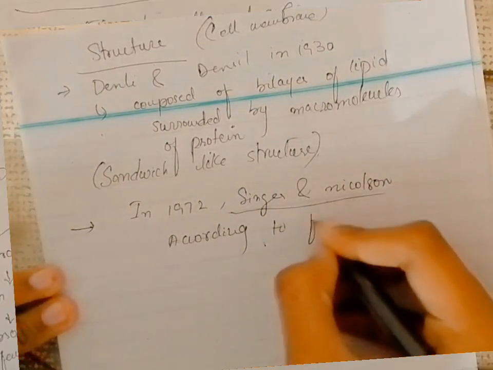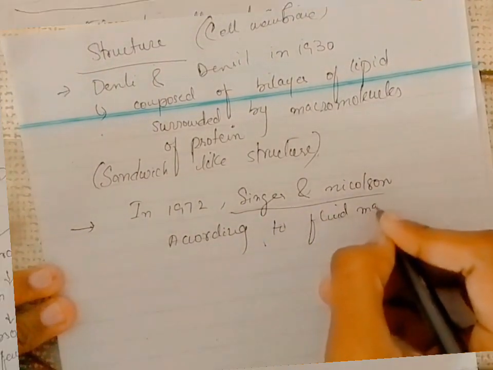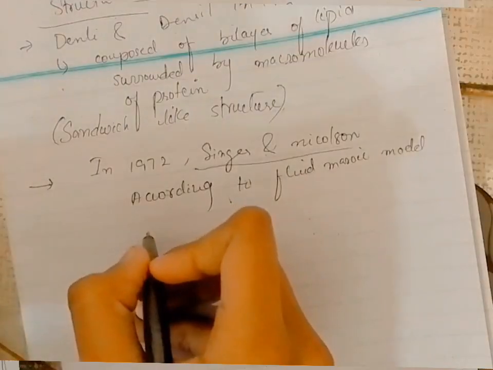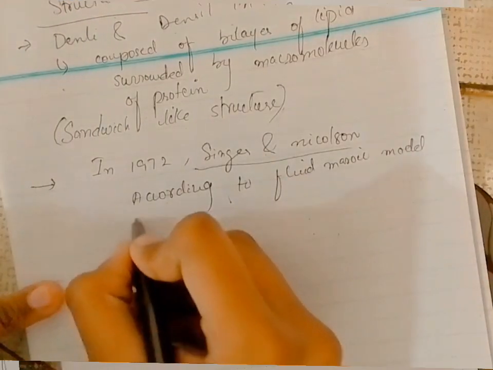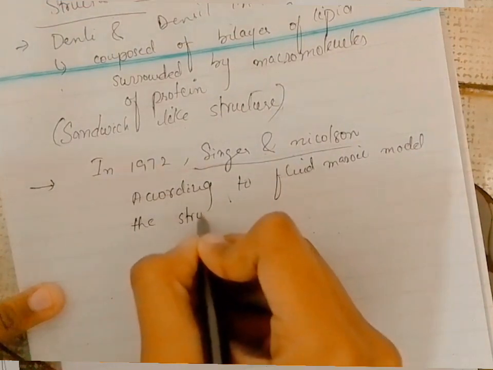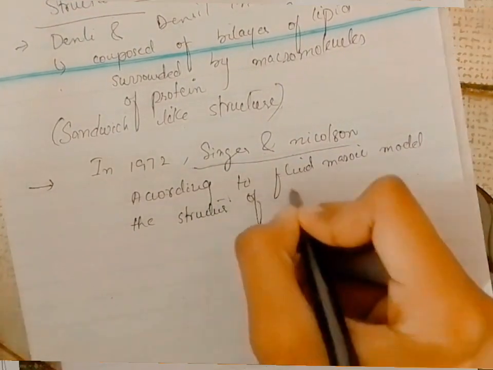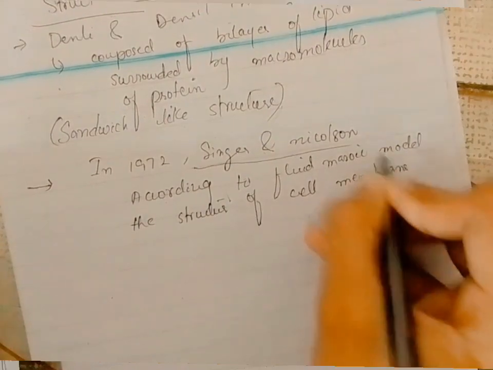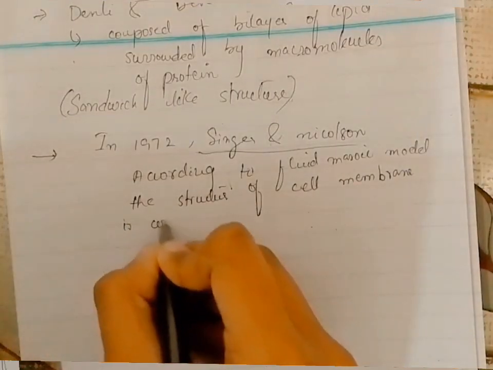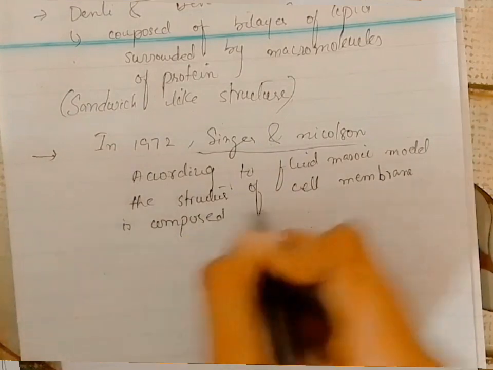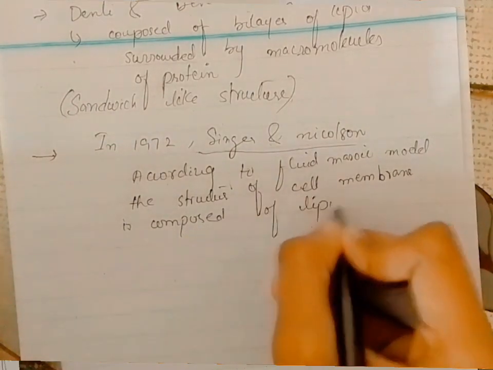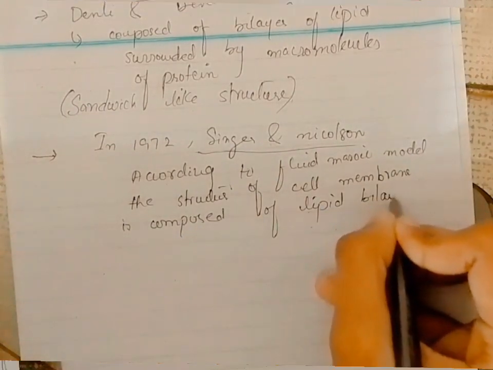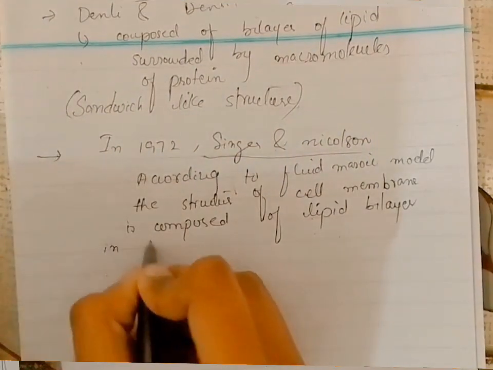According to the fluid mosaic model, the structure of the cell membrane is composed of a lipid bilayer, but in the form of a fluid.